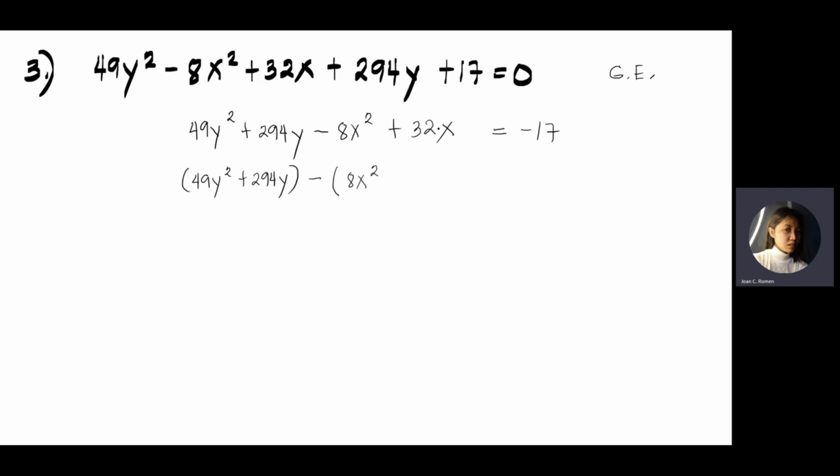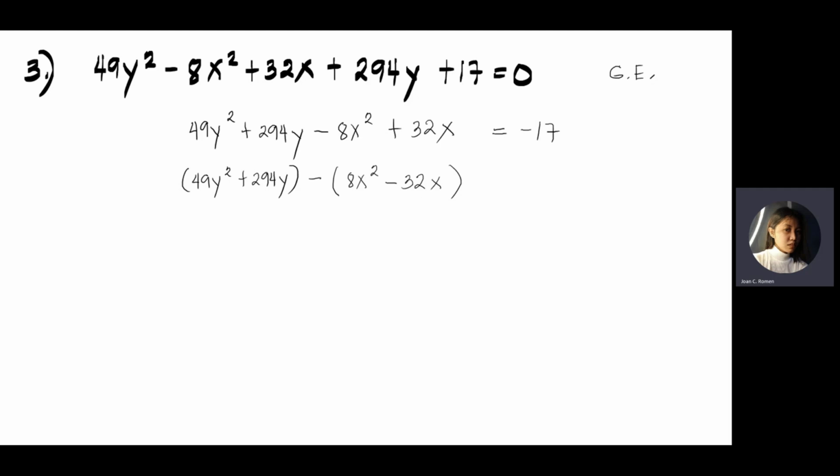Ibig sabihin, itong positive 32x na to magiging negative 32x. Kasi po, meron tayong subtraction sa labas ng parenthesis and naglagay tayo ng grouping symbol, kaya kinuha natin yung opposite ni positive, and that is negative 32x.